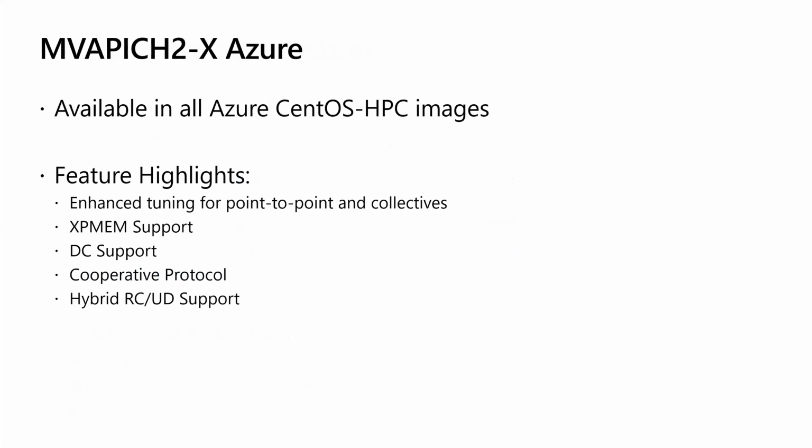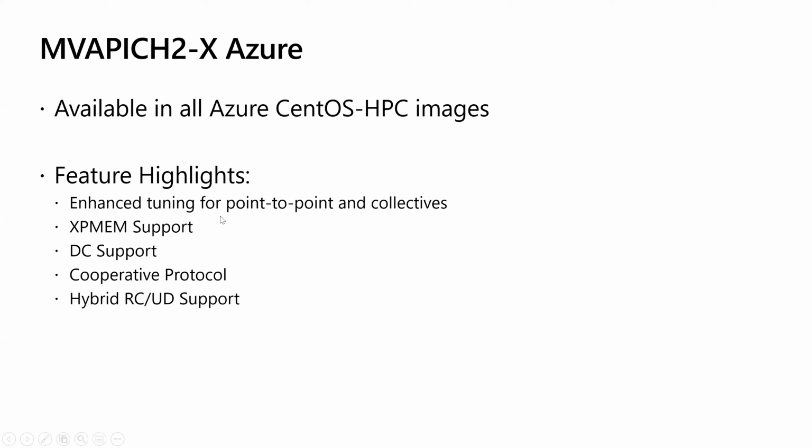Let me focus a little bit more on the MVAPICH2-X Azure release. Earlier last month, OSU released MVAPICH2-X Azure, and these are available in all the HPC images. Some of the feature highlights include enhanced tuning for point-to-point and collectives. These tunings are specifically for the HPC SKUs, HB, HC, and HBv2.